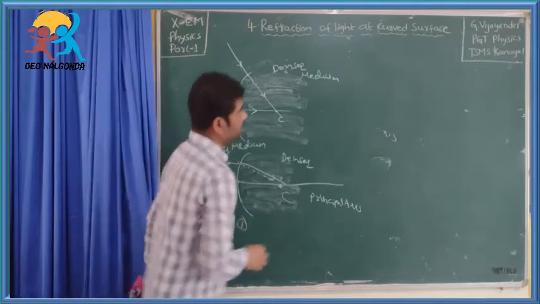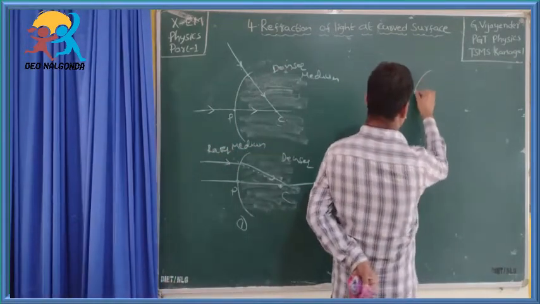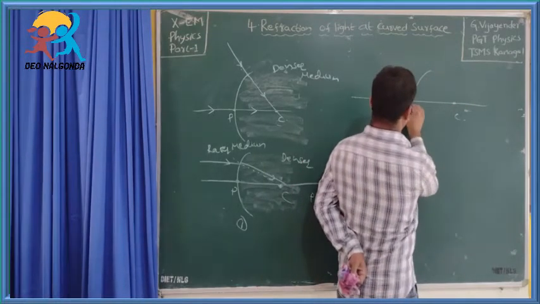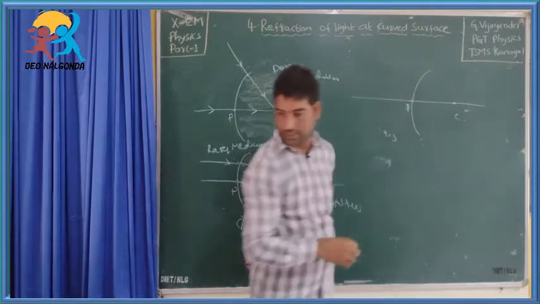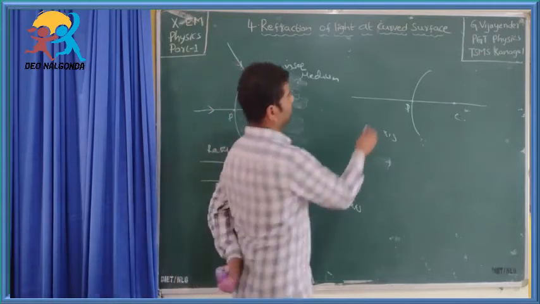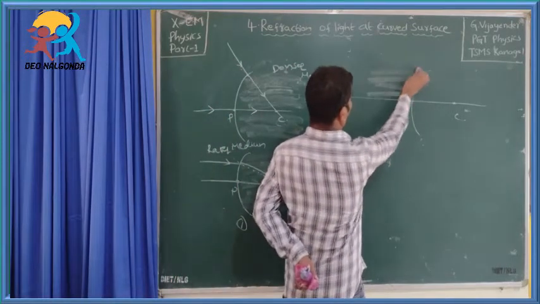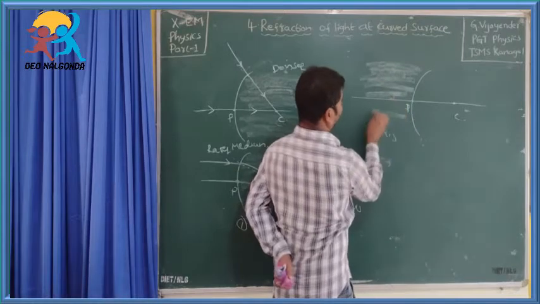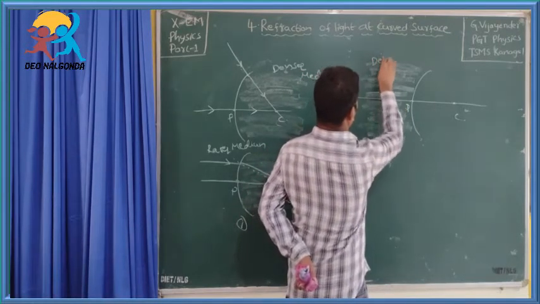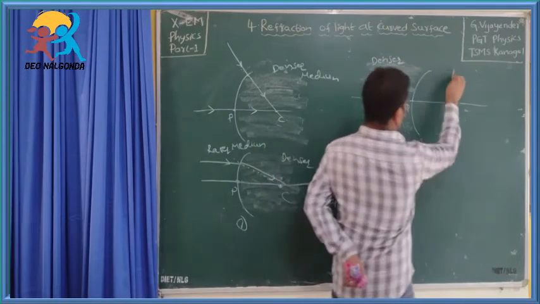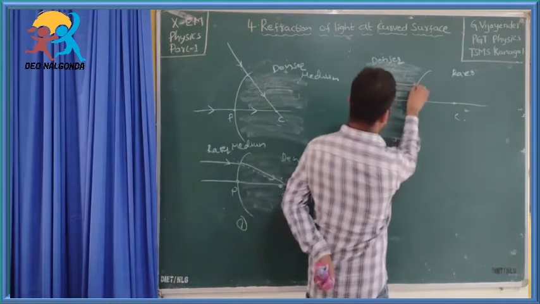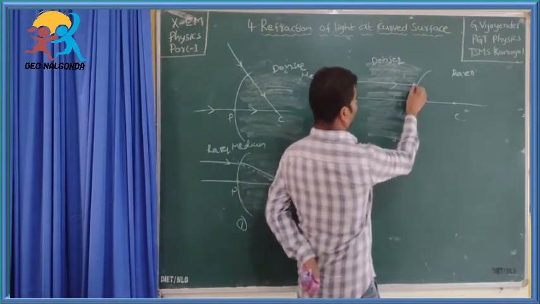Case 1, figure 1. Now case 2. This is the pole, center of curvature, principal axis. Here in case 2, the light ray is traveling from denser medium. This is the denser medium, this is rarer medium, and it is parallel to the principal axis, striking at a convex surface.